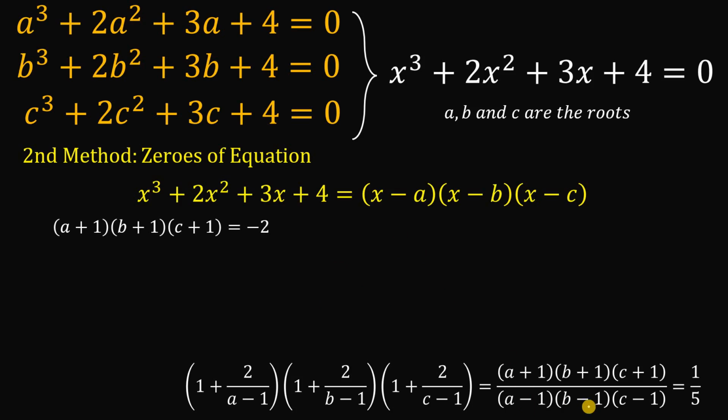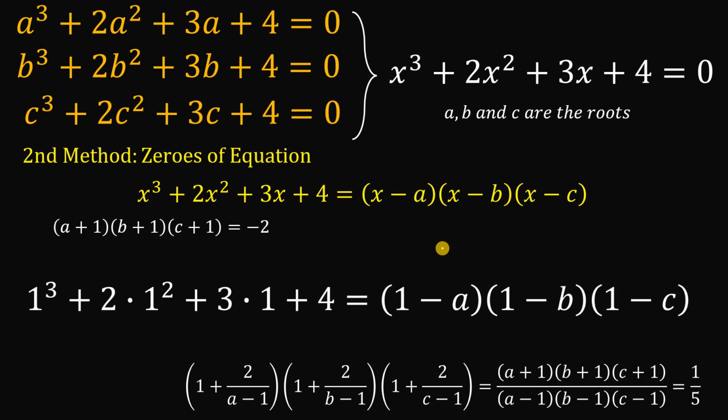Now the goal is to find the value of a minus 1 multiplied by b minus 1 multiplied by c minus 1. So instead of replacing all x with negative 1, let's replace all x with positive 1. Simplifying the left-hand side, 1 plus 2 plus 3 plus 4 is equal to 10.